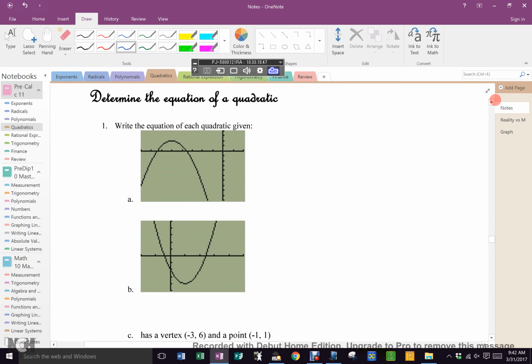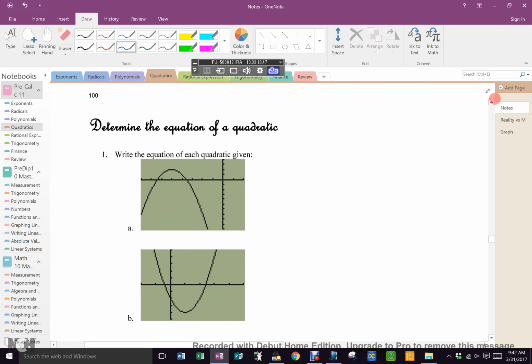Okay. Remember, there are 3 forms of quadratic equations, yes? We have been spending all our time right now with the vertex form, right? So looking at this graph here, do I have points on this graph?